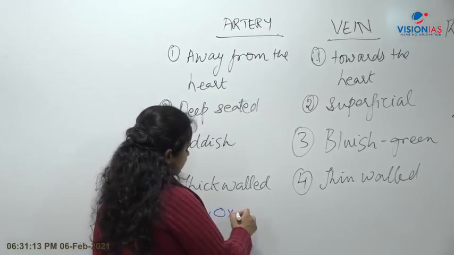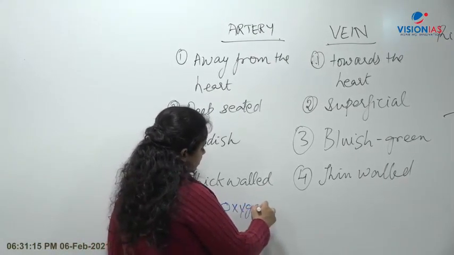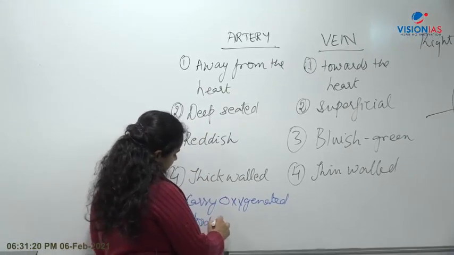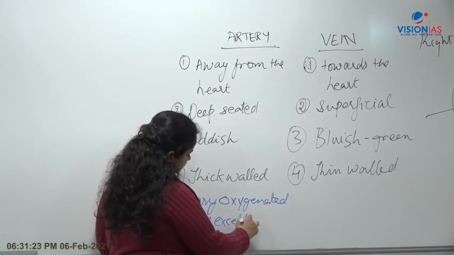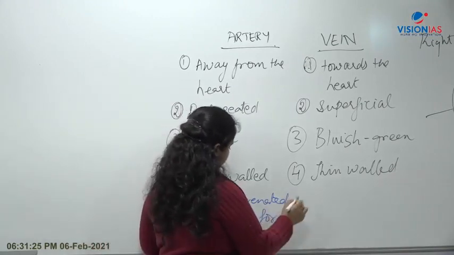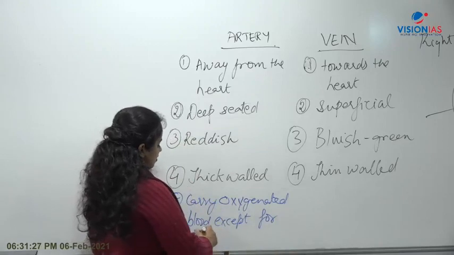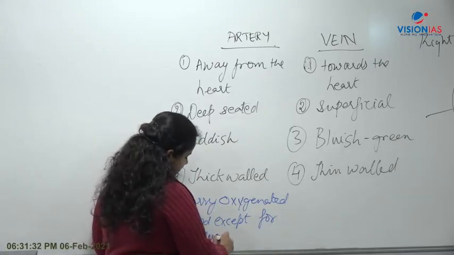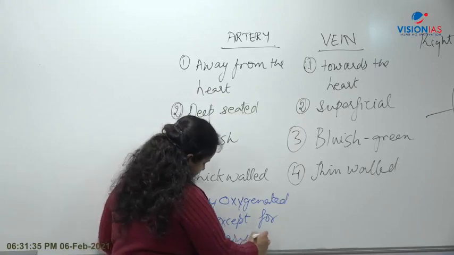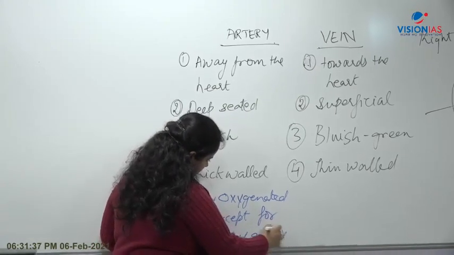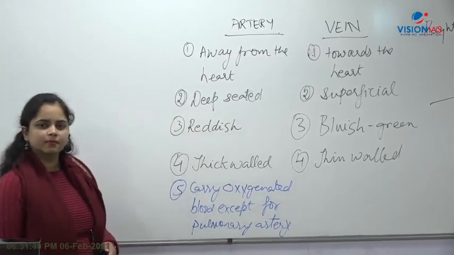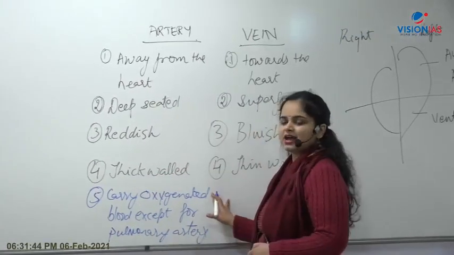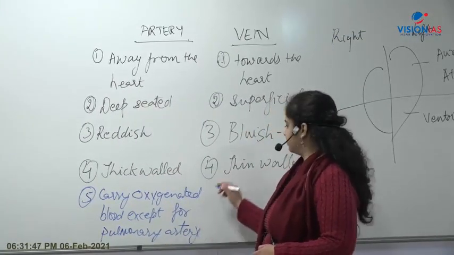Arteries mostly will carry oxygenated blood, except for the pulmonary artery. So all your arteries will carry oxygenated blood except for the pulmonary artery.